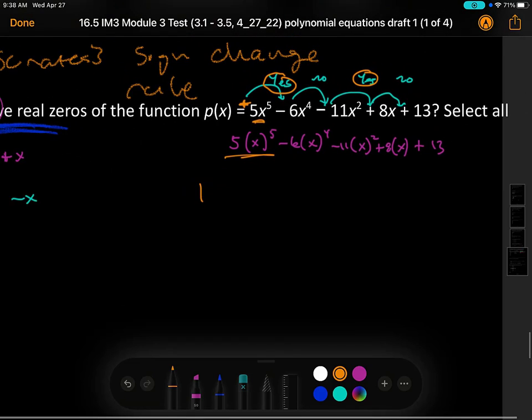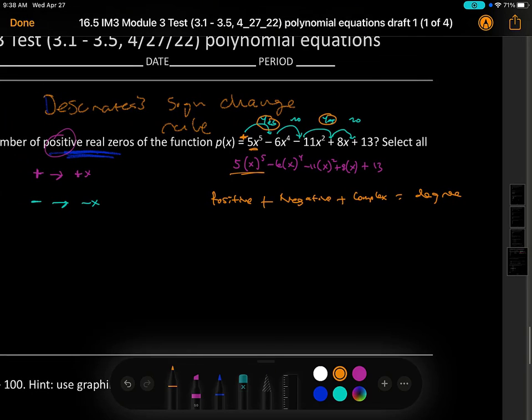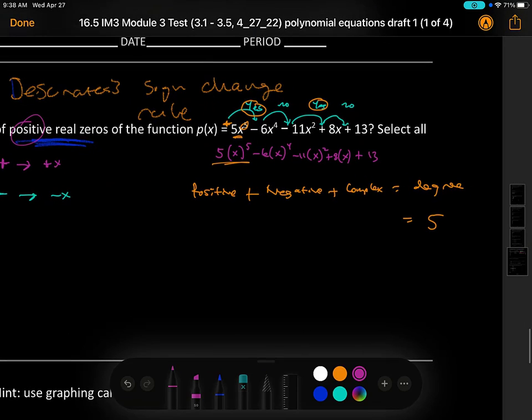So we made a chart before: positives, negatives, complex or imaginaries, right? And this will equal the degree. So our degree here is 5. So I know it has to equal 5. And we had two sign changes. So that can either be 2 or 0.